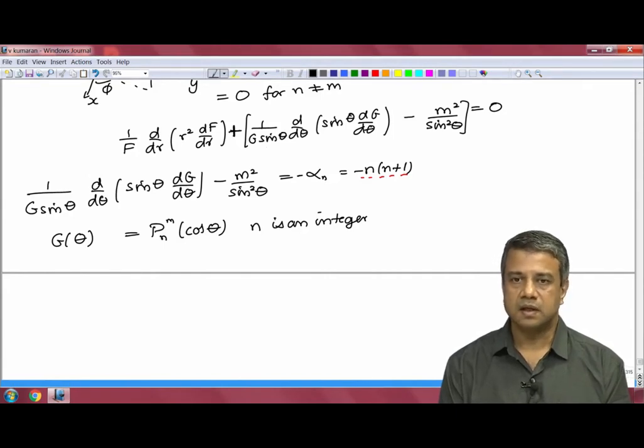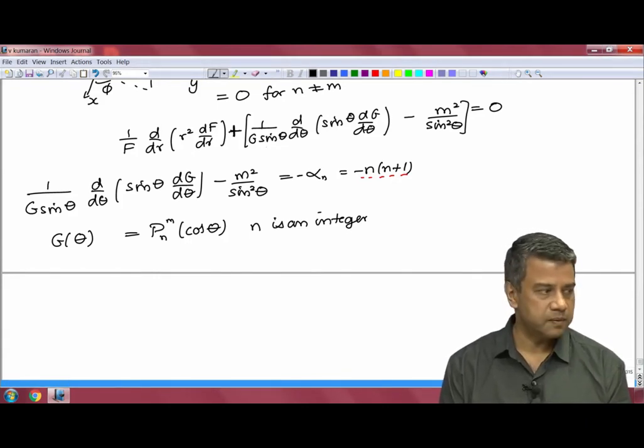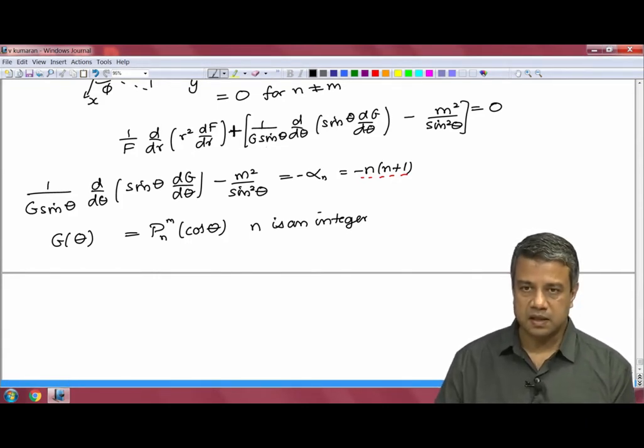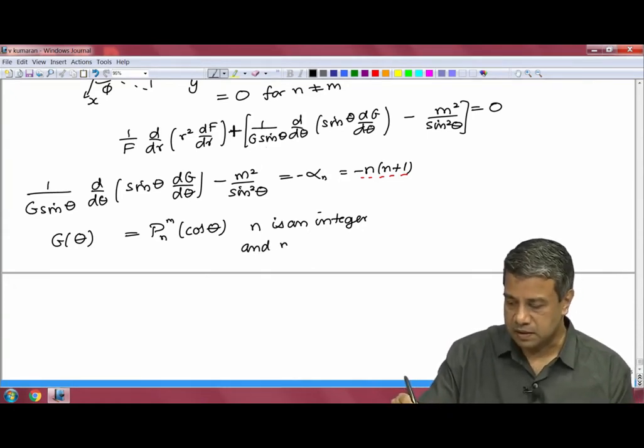We had got that earlier as well. For the Legendre polynomial series to be finite, you require that n is an integer when m is equal to 0. For the general case where m is not equal to 0, n is an integer and m is an integer.